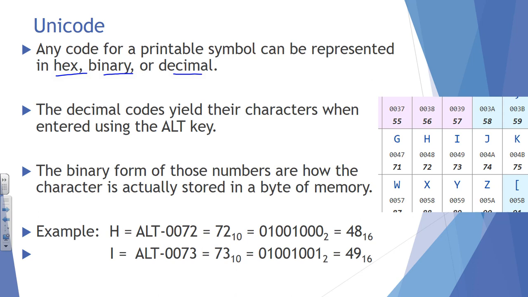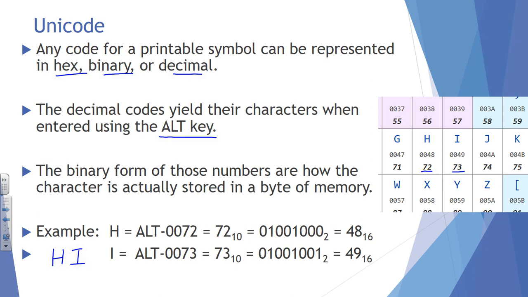So for example, the decimal representations yield the actual characters that they represent when you use them with the Alt key. And the binary forms are ultimately what are used to store that number in memory. So for the example, if you take the word high, H-I, we can see from our little subsection of our chart that using decimal representations, H is the decimal number 72 and I is represented by the decimal number 73.